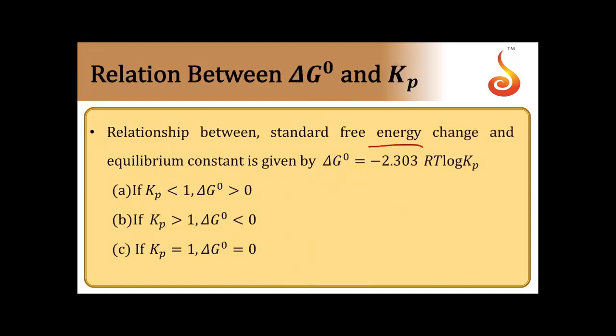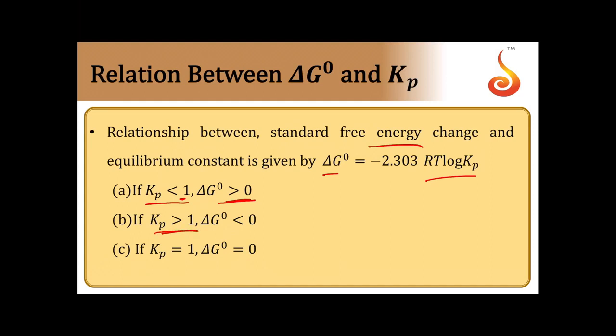The relationship between the standard free energy change and the equilibrium constant is given by delta G naught is equal to minus 2.303 RT log Kp. From this we can say if Kp is less than 1, delta G naught is more than 0.